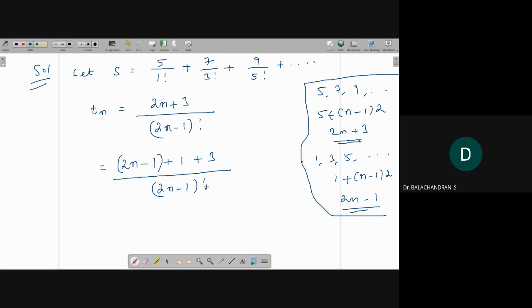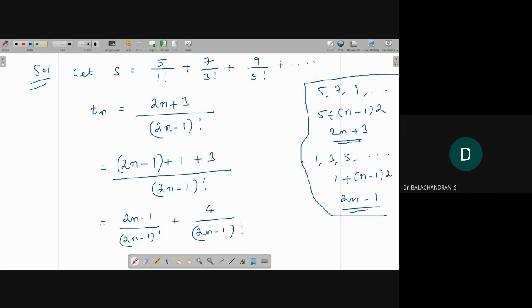So this is equal to 2n minus 1 divided by 2n minus 1 factorial, I'm splitting the function, plus 4 divided by 2n minus 1 factorial.